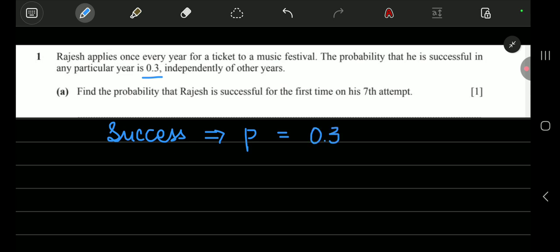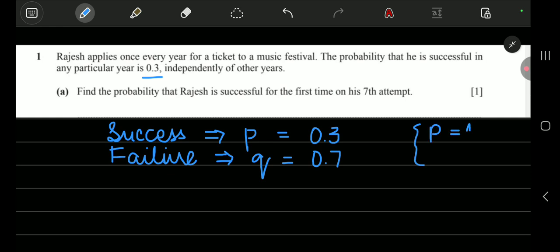So in that particular year, the failure, represented by Q, will be 0.7, as the sum of the probabilities is equal to 1. So if success is 0.3, then 1 minus 0.3 is 0.7, and that is its failure.